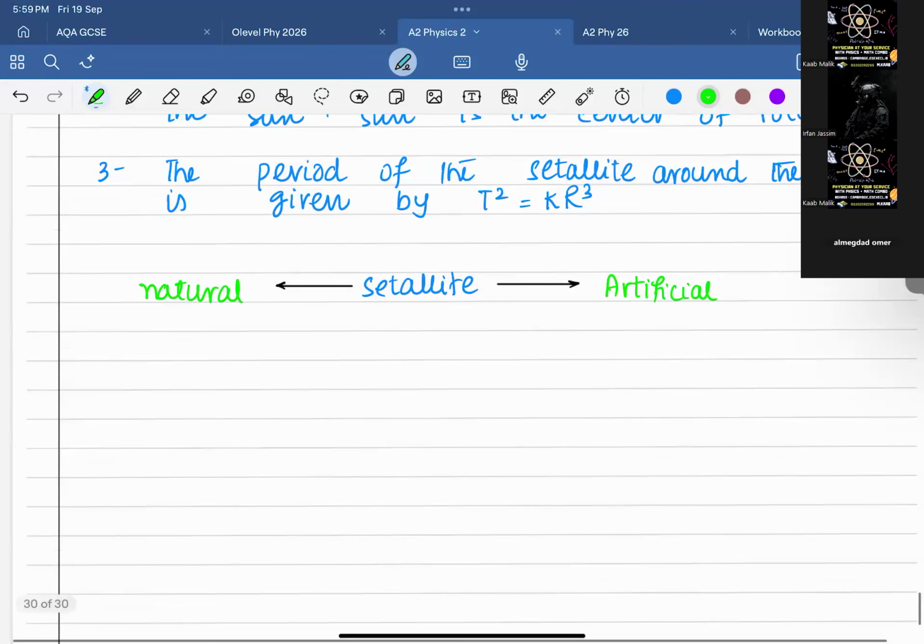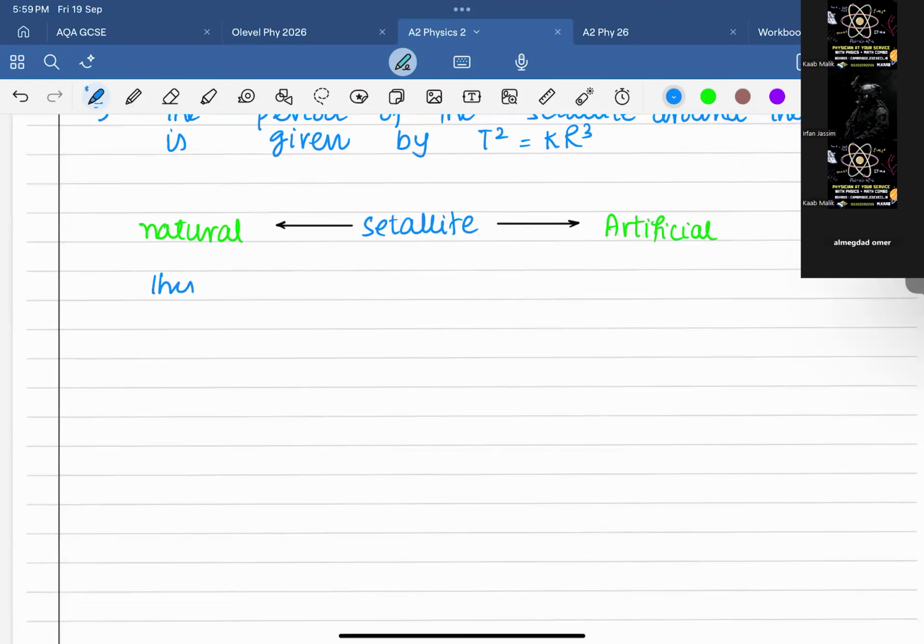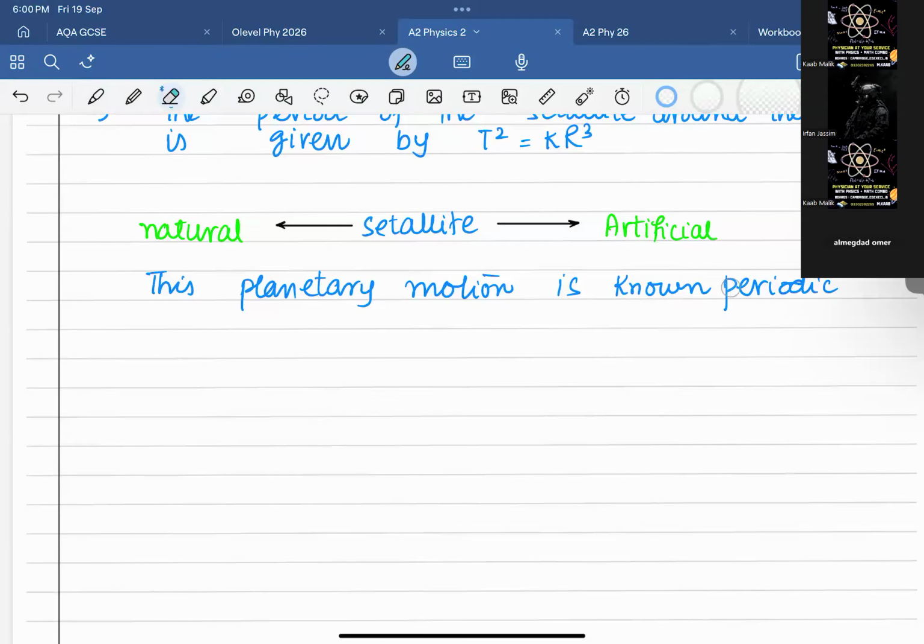So planetary motion is known as periodic motion. Okay, and periodic motion is basically a motion where the object repeats itself after a specific amount of time.